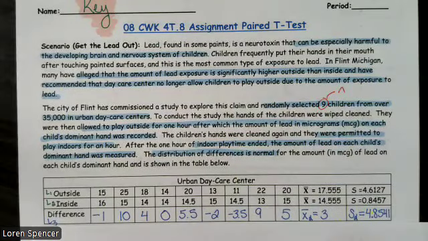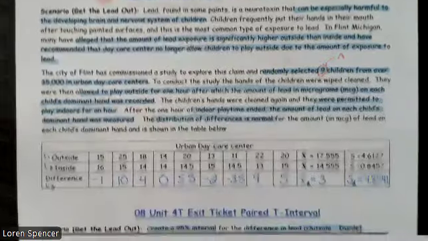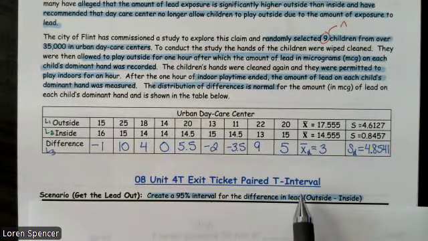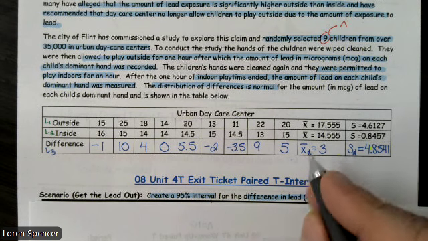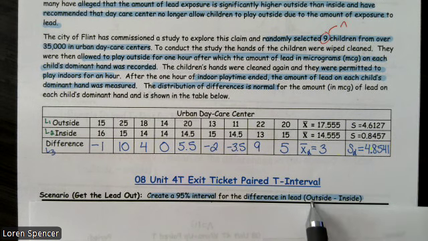It says create a 95% interval for the differences in lead toxin outside minus inside. Please always pay attention to the order. Now, they thought that outside was going to be greater, so outside minus inside is the order we're going in. So we're expecting a positive number because the first number is supposed to be bigger.